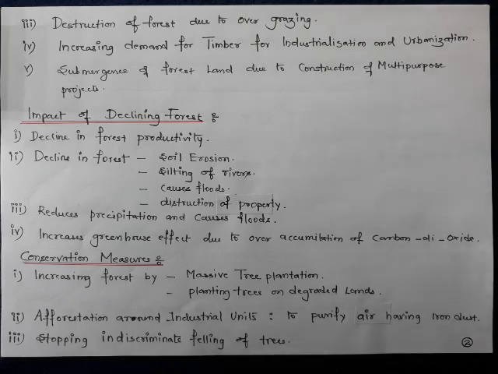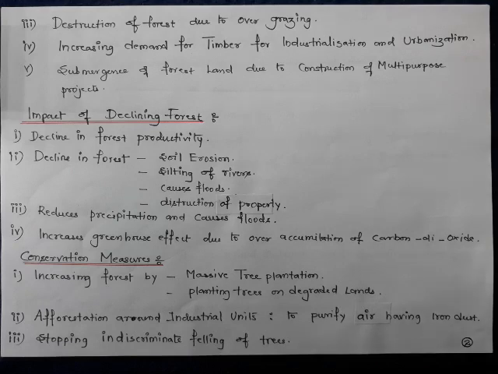Afforestation around industrial units to purify air having iron dust. As we all know, iron and steel industries produce enormous smoke polluting the atmosphere. So planting trees around the iron and steel industries can control atmospheric pollution.